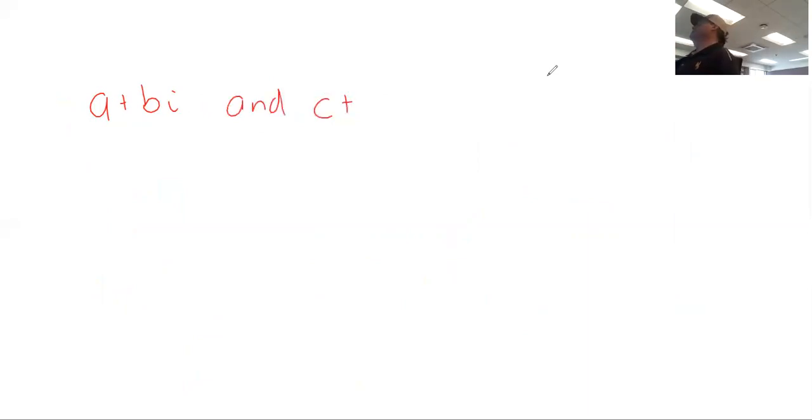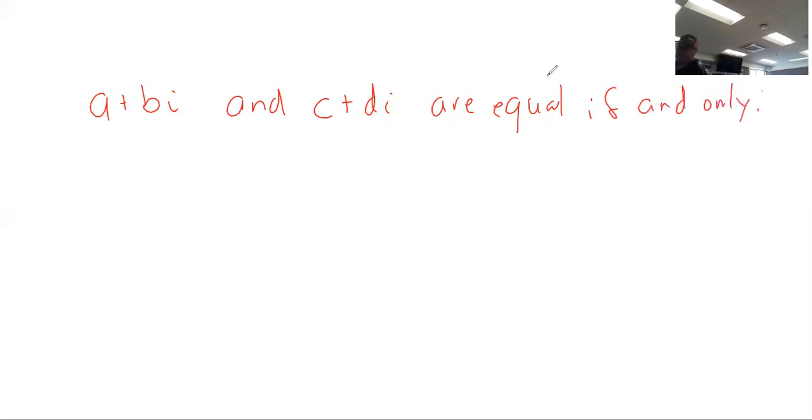Okay, then you have a + bi and c + di are equal if and only if a has to be equal to c, so this has to be equal to this, and b has to be equal to d.